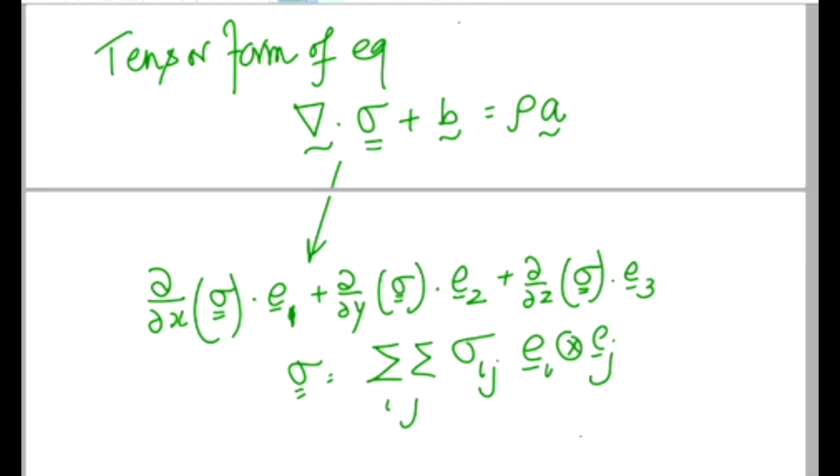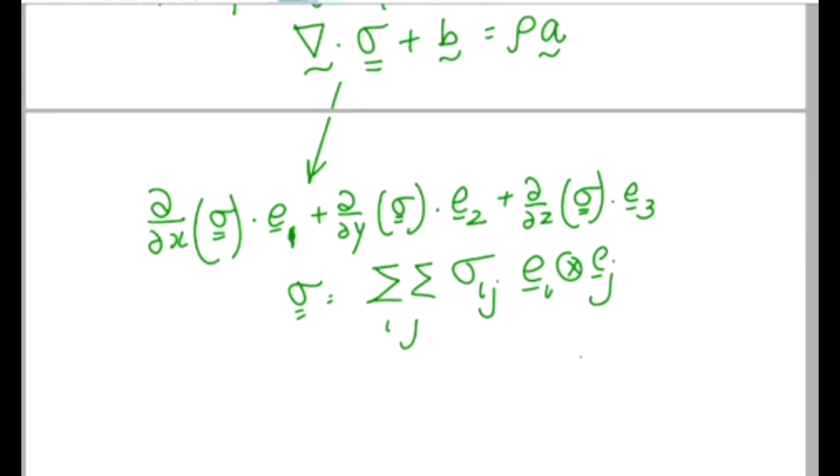Okay, and you simply take these derivatives del by del x of sigma, del by del y of sigma, and del by del z of sigma, expand it, and you will exactly get the equations for the Cartesian coordinate system. Likewise, when you had to do it in the cylindrical coordinate system, that also you can do mathematically.